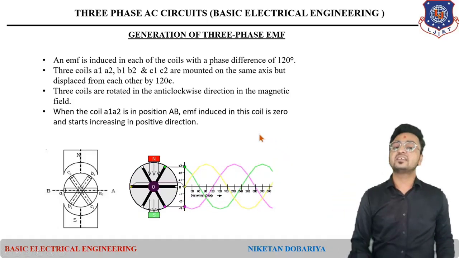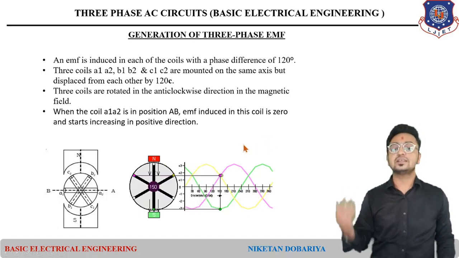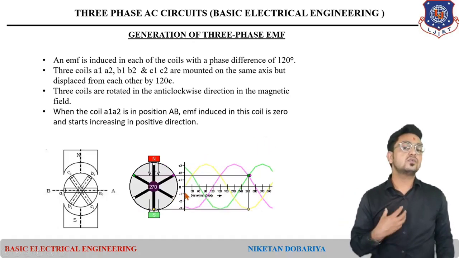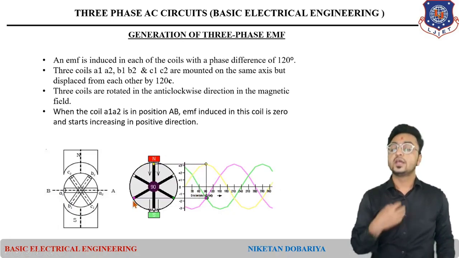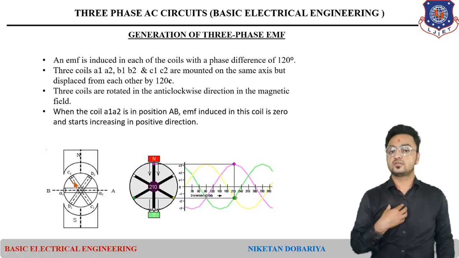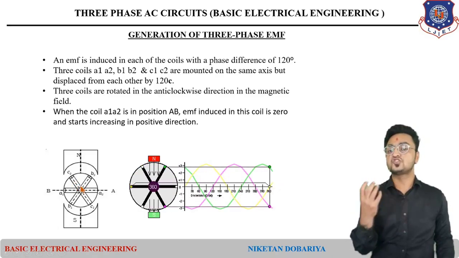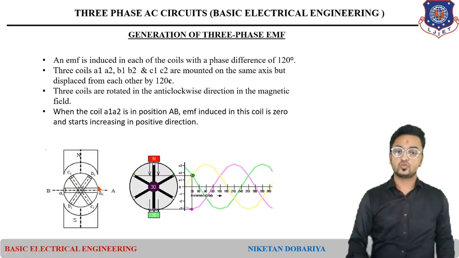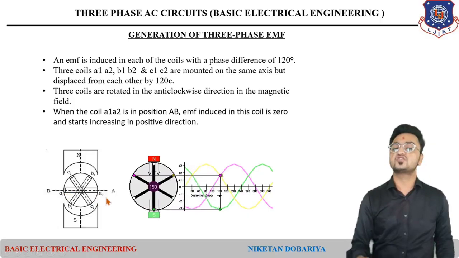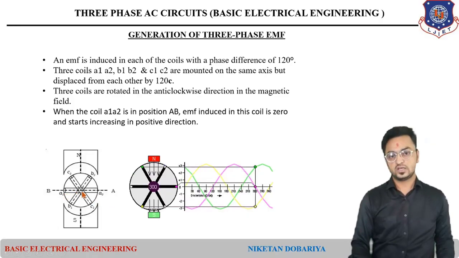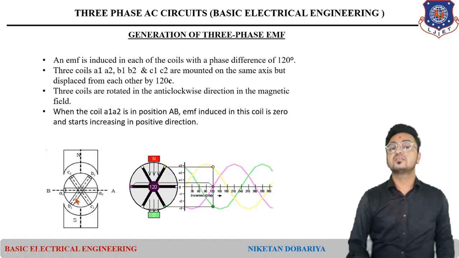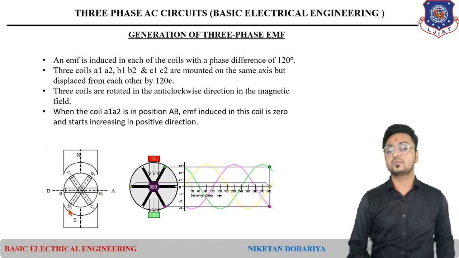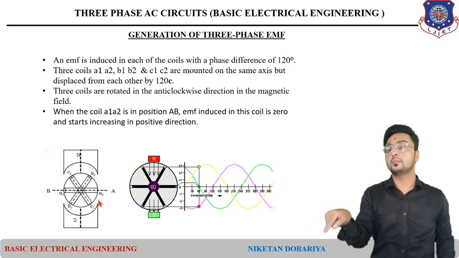So by considering these things, let's start the theory again. As we want to produce a phase displacement of 120 degrees, we have arranged these three coils physically apart from each other by 120 degrees. The first coil, marked A1 and A2, is at 0 degrees, on the x-axis. For the second coil, B1 and B2, with reference to point A1, B1 is 120 degrees lagging behind.